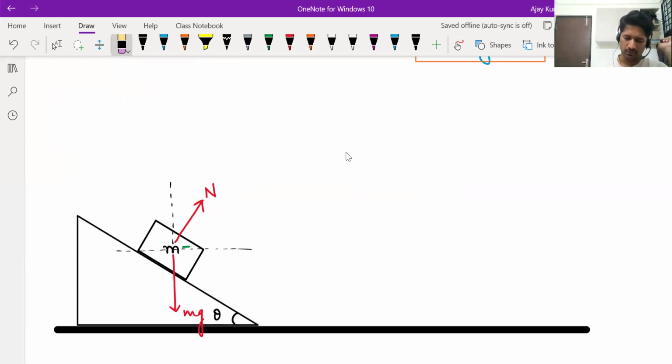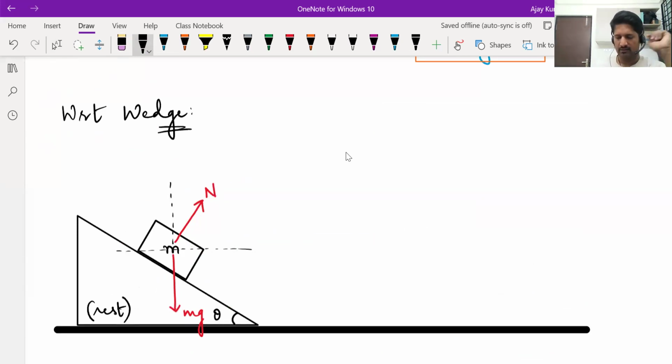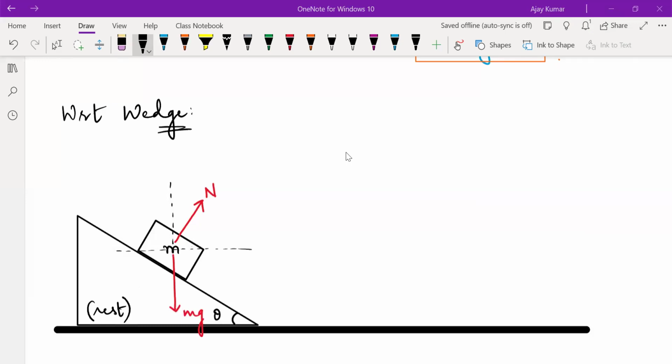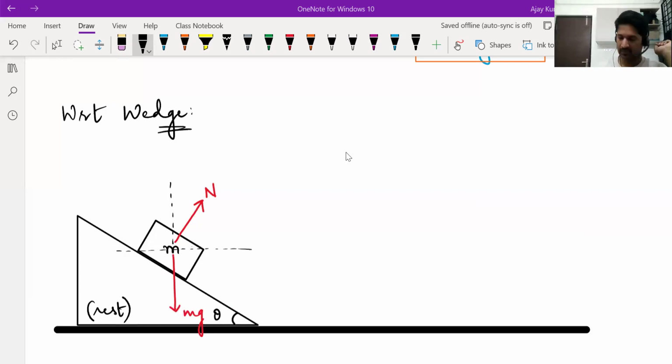Okay. So if you visualize the same situation with respect to wedge, the wedge will anyway be stationary, and we don't want the block to slide on the wedge.